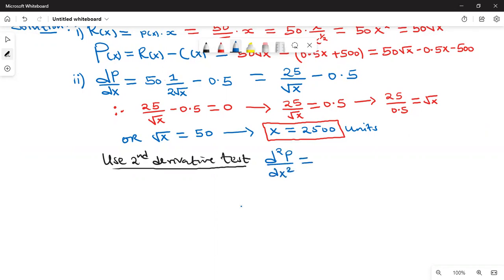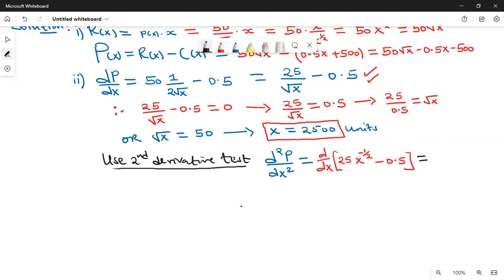Differentiate the first derivative. Look at what you are differentiating, the one I have ticked. With respect to x, when you differentiate 1 over root x, remember 1 over root x is the same as x raised to negative 1 over 2. So it will be a derivative with respect to x of 25 times x raised to negative 1 over 2 minus 0.5. We are just differentiating the answer we got in the first derivative. So what will be the answer here?